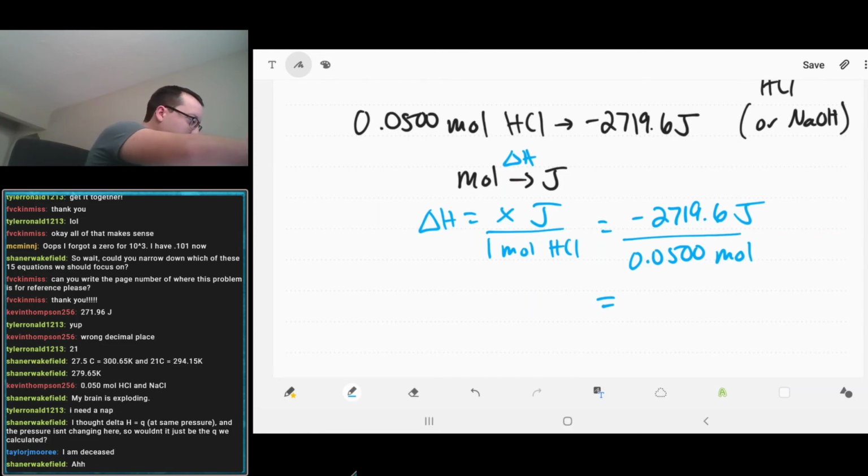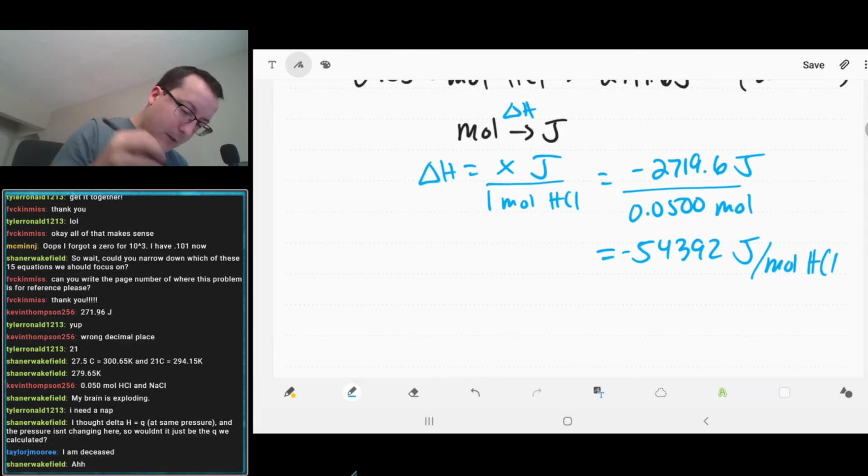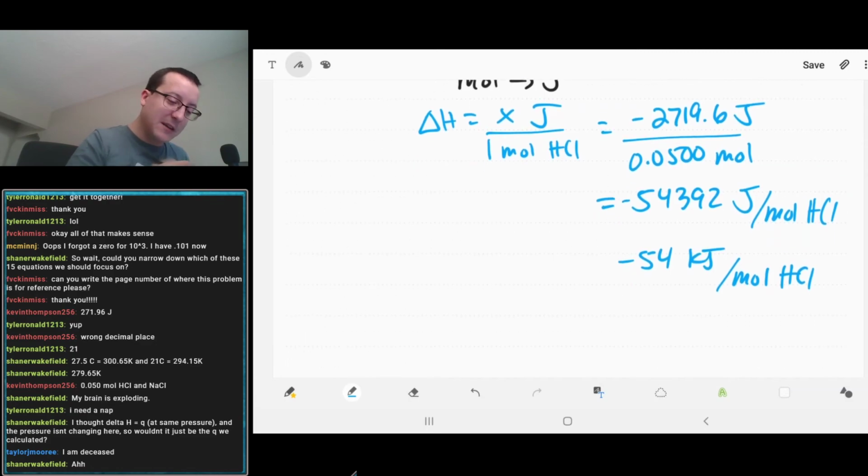2719.6 divided by 0.05. Okay, and that's negative 54,392 joules per mole of HCl. And if we just make this real nice with our sig figs and make things nice and easy for us, typically, again, we're using delta H's as that much.